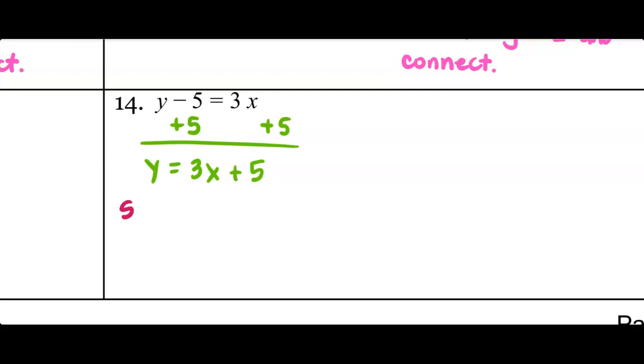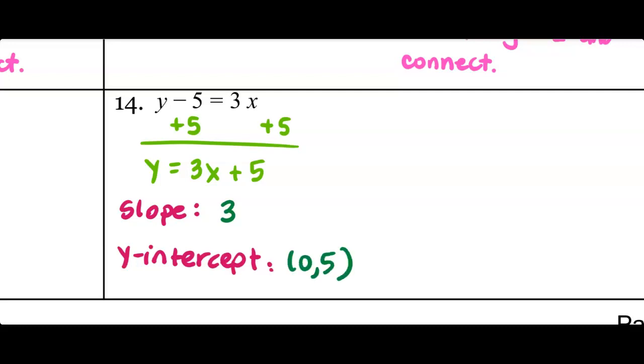So the key features we'll have is the slope and the y-intercept. So our slope here is going to be 3, while our y-intercept is going to be (0, 5).